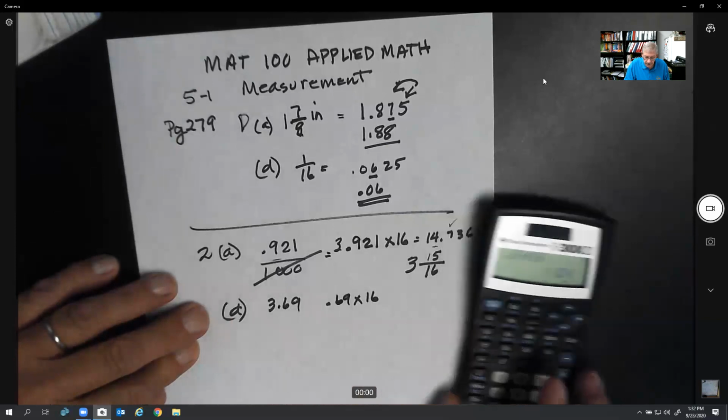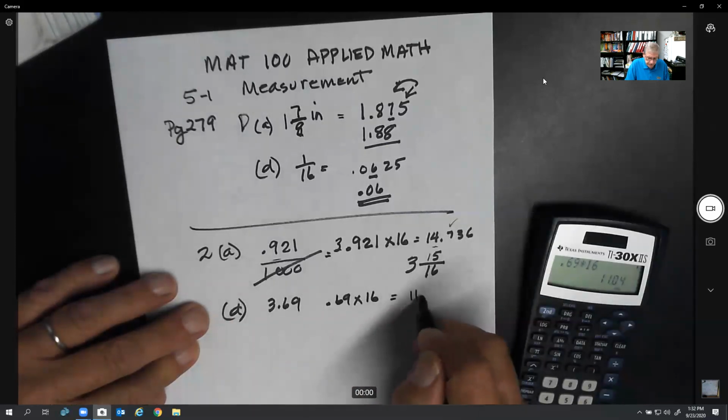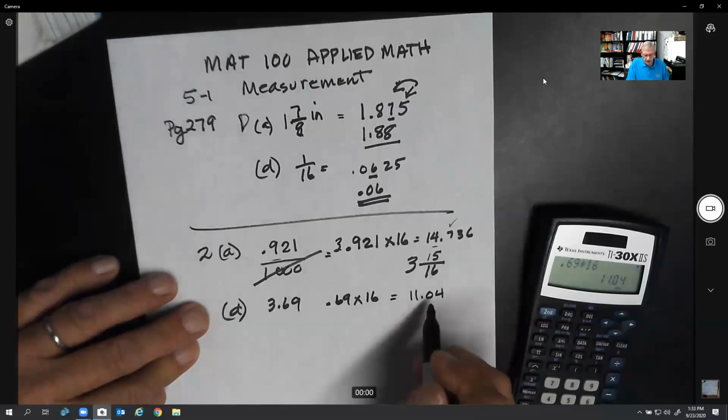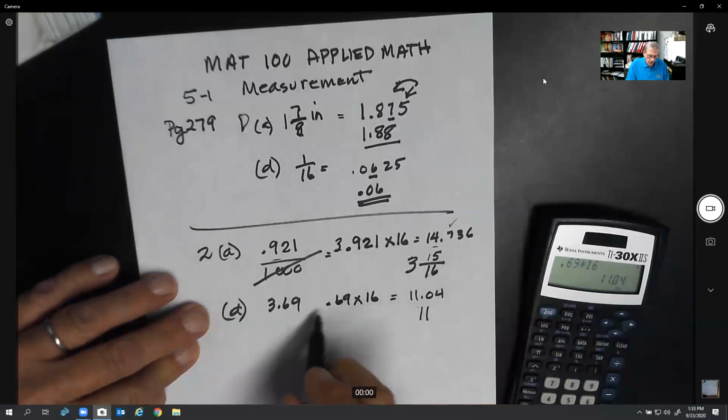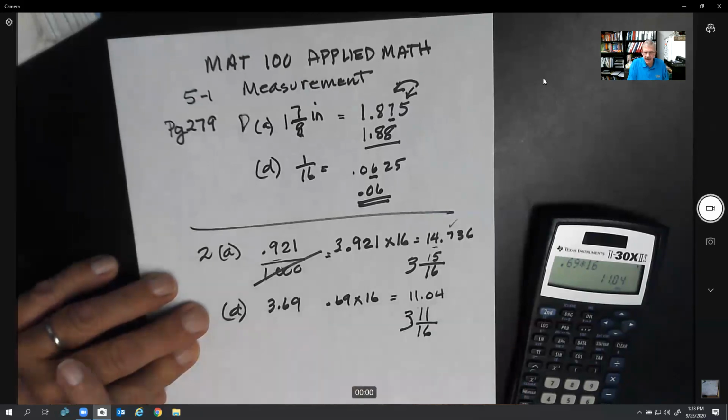And we would get 11.04. We see the 0 is pretty small, huh? So this is going to round to 11. We're going to put the 3 in front, and we're going to put it over 16. 3 and 11/16.